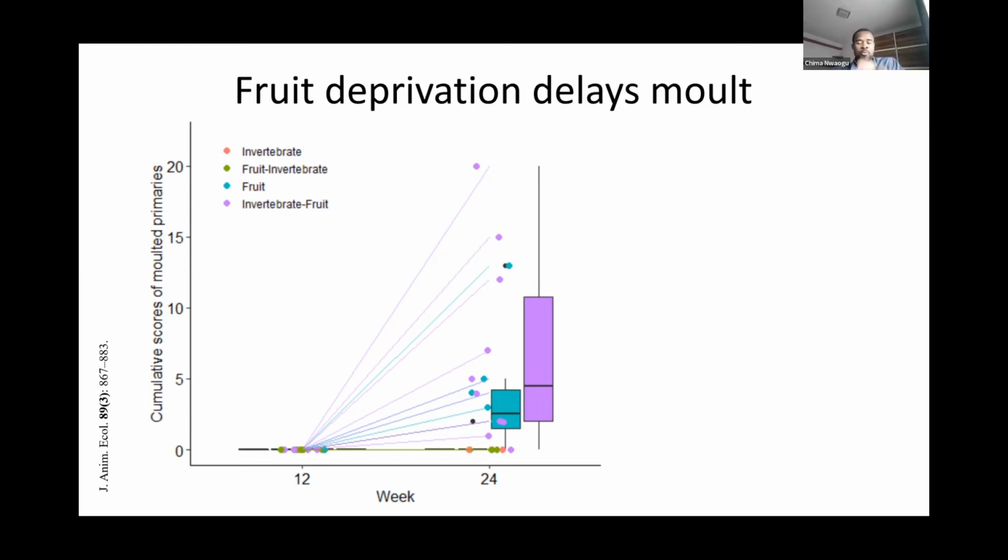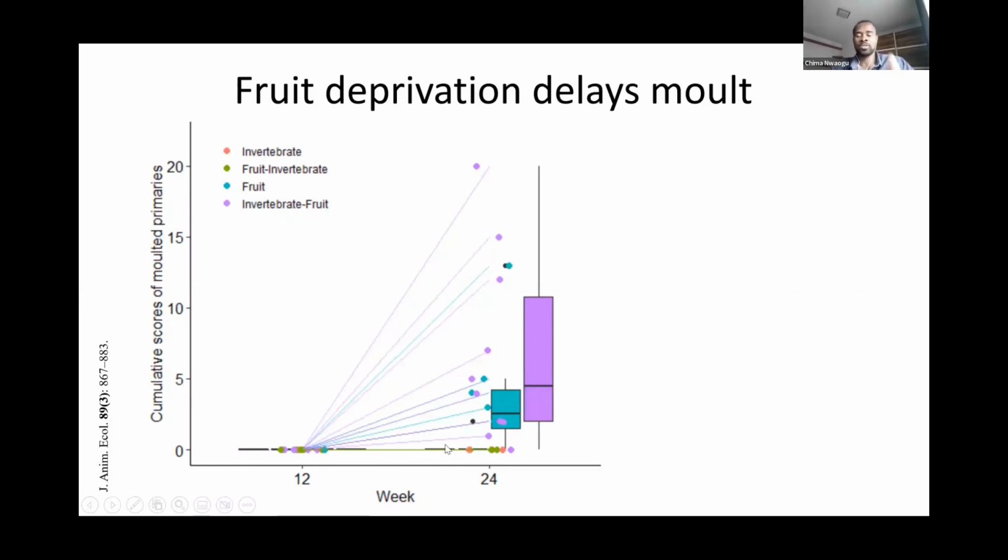So at the time where this experiment ended was just about when the birds were starting to change their feathers. And you can see clearly that it was only the birds that were on a fruit diet at that time that had commenced molting. The birds who were on the invertebrate diet had not started molting completely.